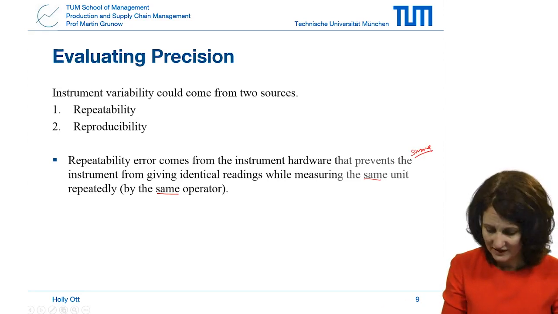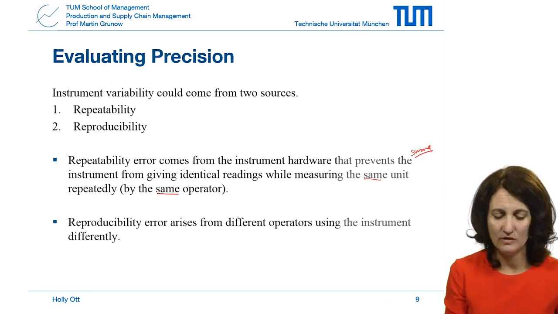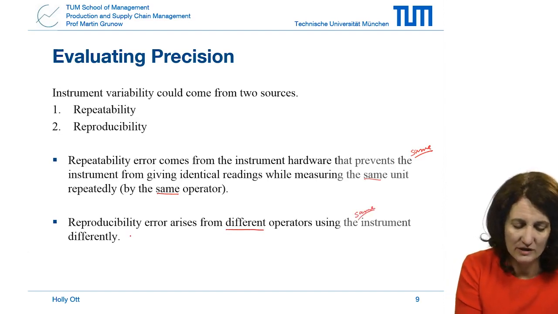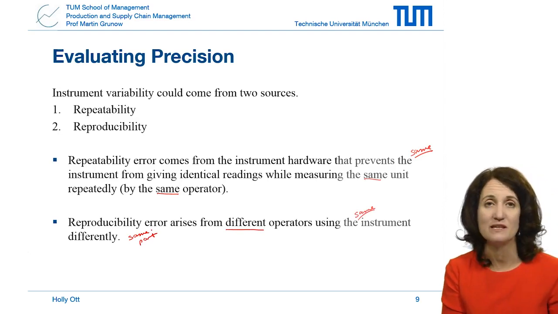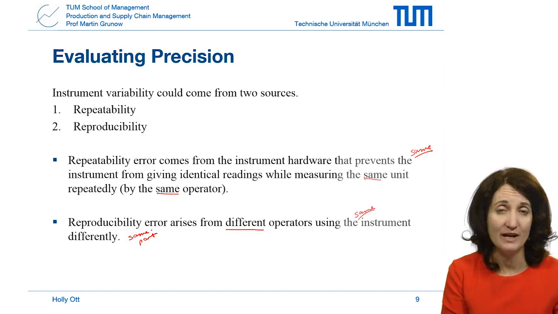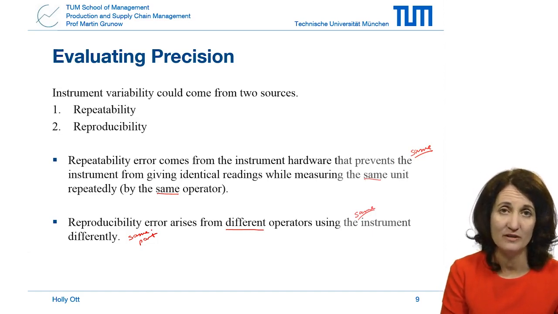Everything's the same, but you get a variety of readings. Reproducibility errors arise from different operators using the same instrument on the same part. Operators can use the instrument, maybe not intentionally, slightly differently, preventing the instrument from giving identical readings when measuring the same unit with different operators.